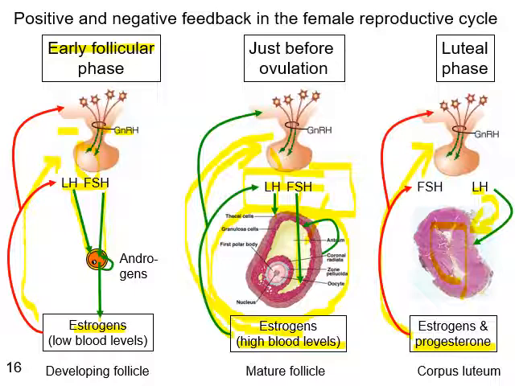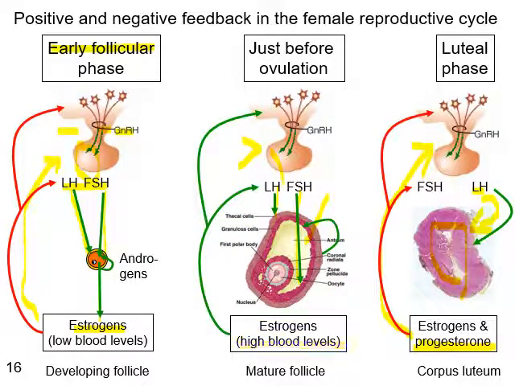Now, you may be wondering, how can we convert from negative feedback to positive feedback? And the answer is that there are different receptors. High affinity receptors detect the low blood levels and cause negative feedback. Low affinity estrogen receptors that are activated by the high concentrations of estrogen trigger the positive feedback.